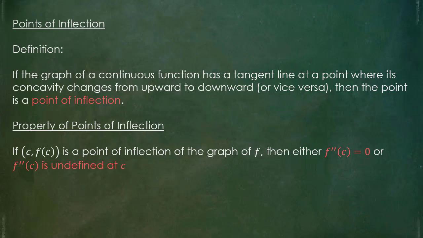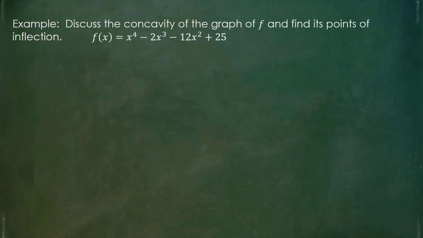Now, if it's not defined on the graph, in other words, you have a switch in concavity but it's because of an asymptote or something graphically, then at that point we wouldn't call that a point of inflection because it's technically not a point on the graph itself. So let's work through an example where we're going to do some more identifying of concavity, but then analyze it further and determine whether we have any points of inflection.